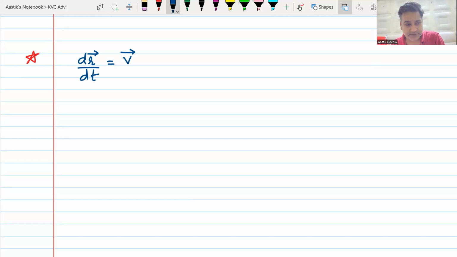We have written the definition of velocity: rate of change of position vector, dr by dt, is v. Now I can write this equation as dr, small change in position, equals v dt.